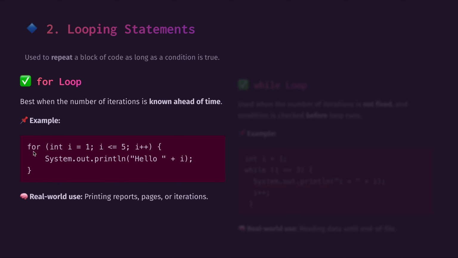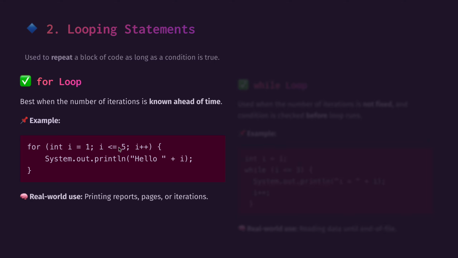The syntax of the for loop is this: you have a for, an initial statement, and a condition. This is the initialization: you initialize the I value to 1, then it checks the condition.